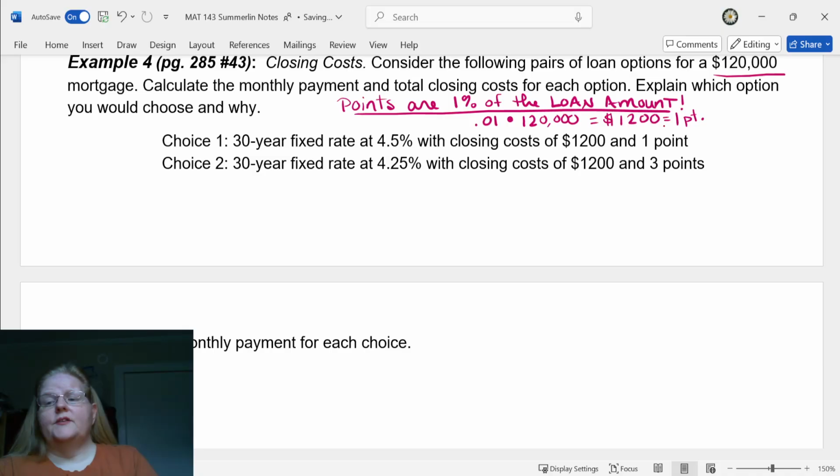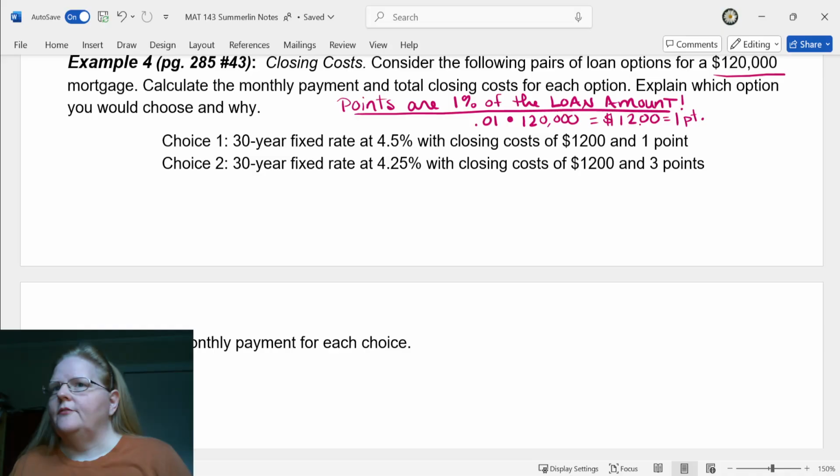When we have 3 points, we do 3 times that amount. Points are done that way because they go to the finance company. The finance company rates their stuff by points, so they change how much they get based upon the points. It's their way of getting more money, basically.